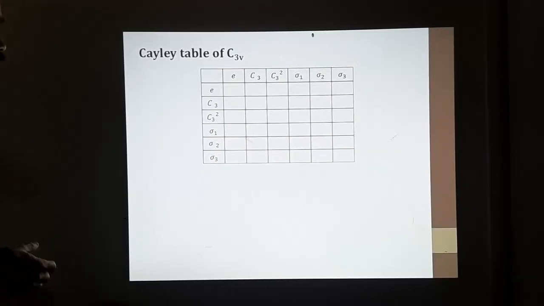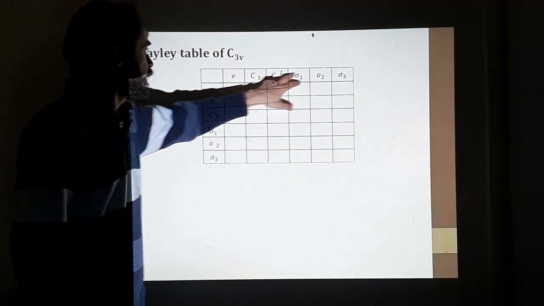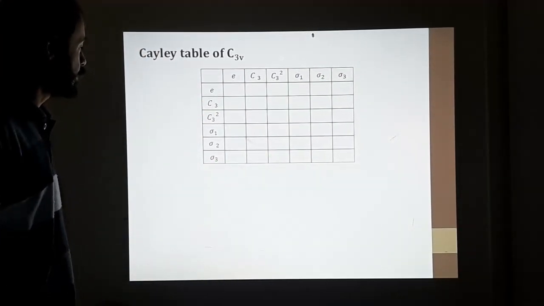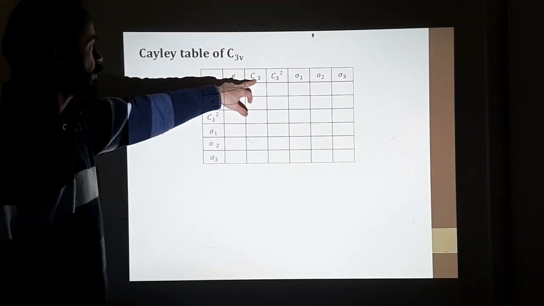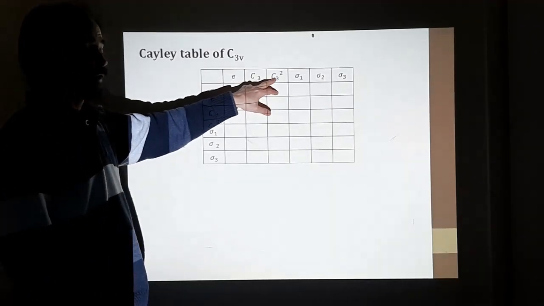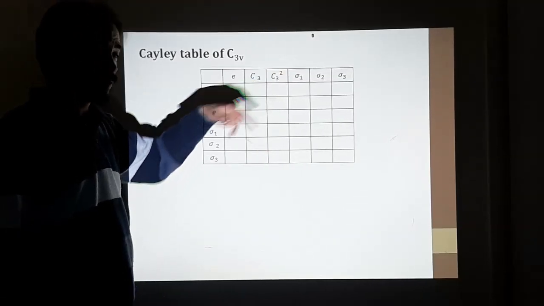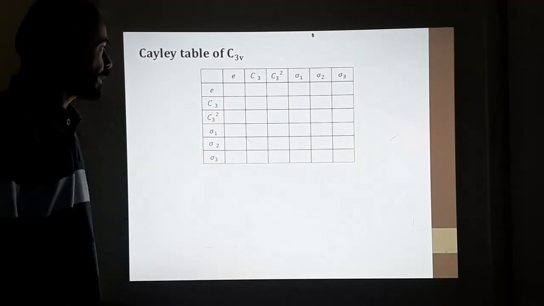Now if I want to draw the Cayley table for the symmetry group of the equilateral triangle, I will put in the first line here the elements of the group, and in the first column the elements of the group. So E, C3, the rotation of 2 pi over 3, the rotation of 4 pi over 3 denoted as C3 square by applying 2 times a rotation of 2 pi over 3.